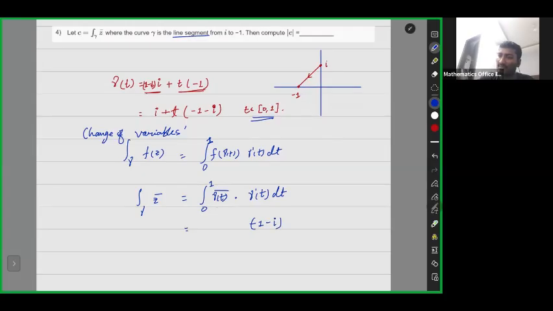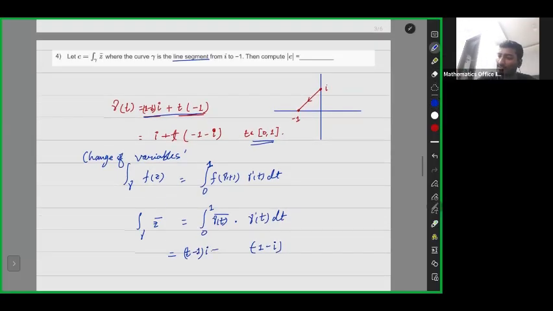Gamma t bar: in place of i we replace it by minus i, so we directly write (1 minus t) times minus i, which is t minus 1 times i, plus t times minus 1, so we can write minus t, no need to complicate it further. This is our integrand, and the integral is from 0 to 1 dt.